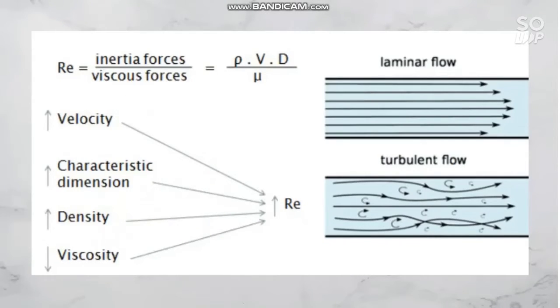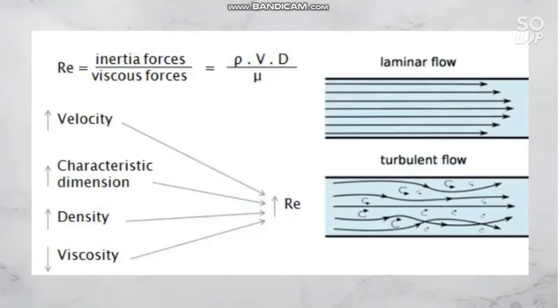As you can see, when the velocity, characteristic dimension and density are high, and the viscosity is low, the Reynolds number will become big, and the flow will be known as turbulent flow.